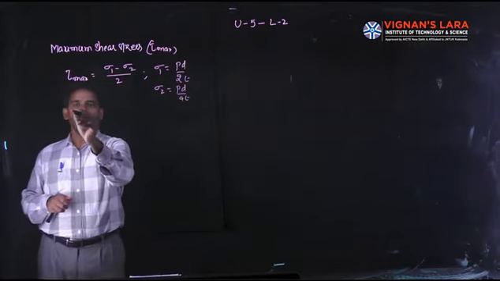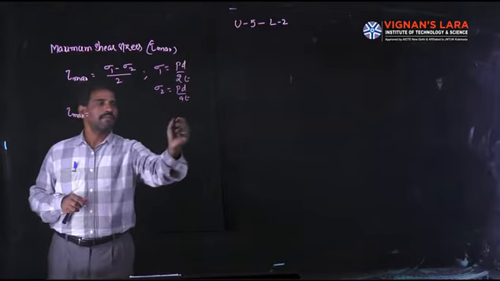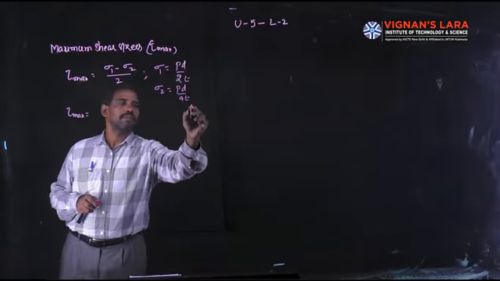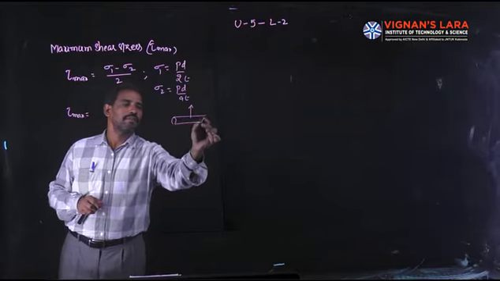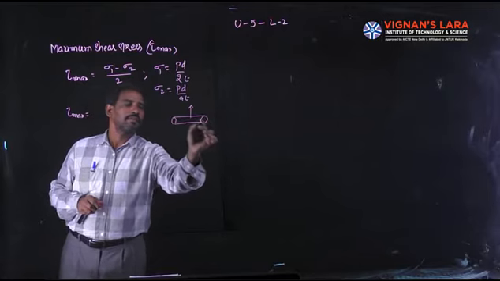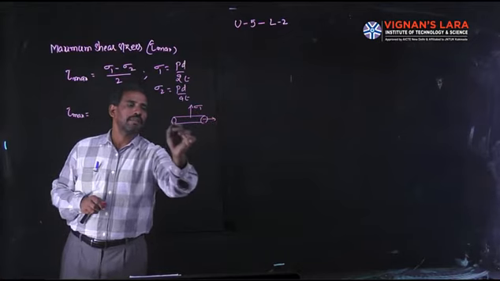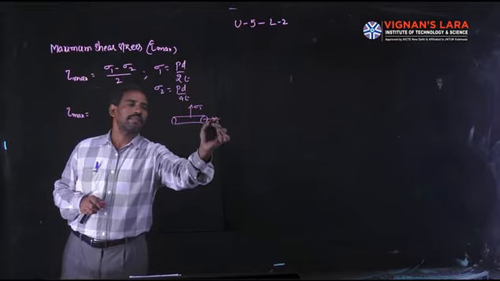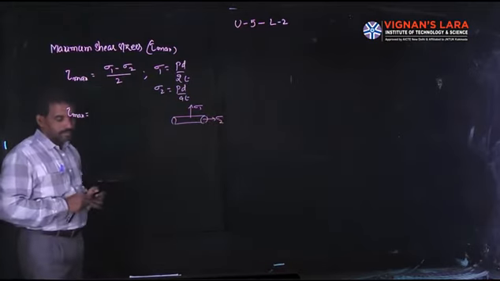Say, for example, this is the cylinder. The circumferential stress is represented by sigma 1, and the longitudinal stress direction is sigma 2. Both are perpendicular to each other.